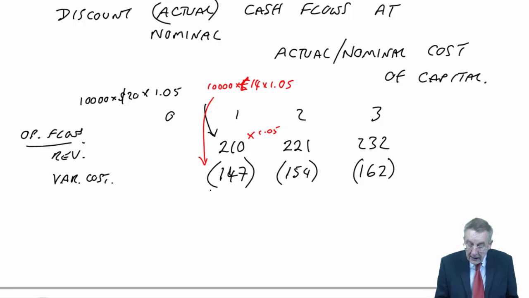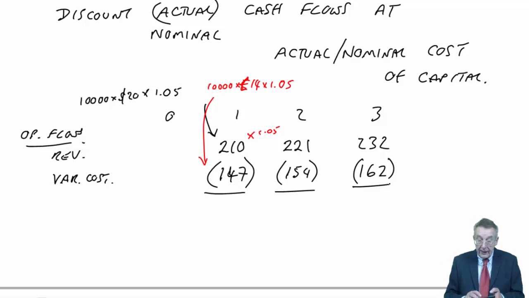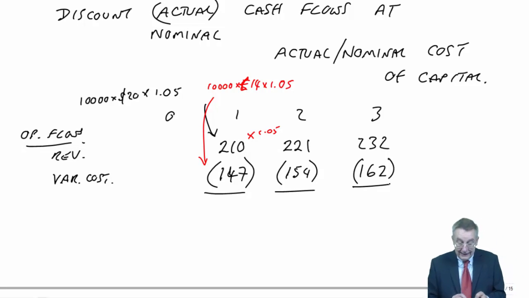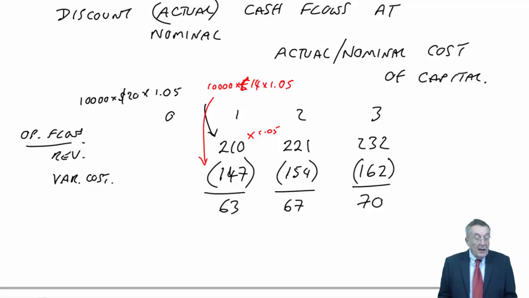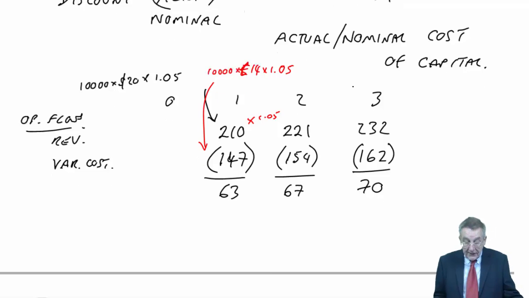Giving a net operating flow of 63, 67, and 70. I was saying, keep this really simple, so there's no tax, there's no working capital, no capital allowances.